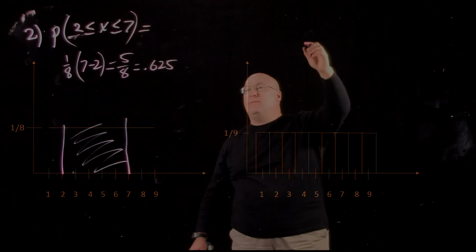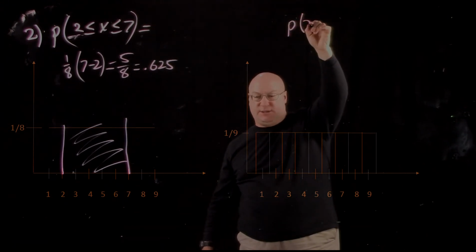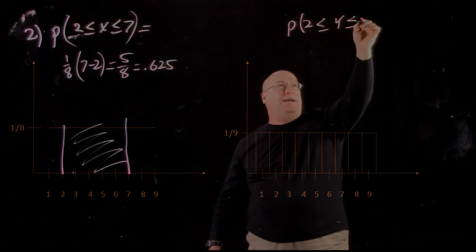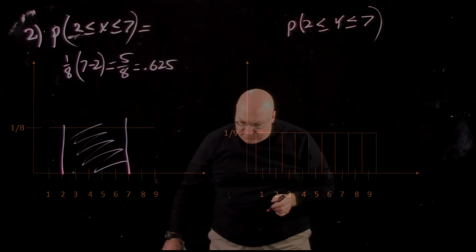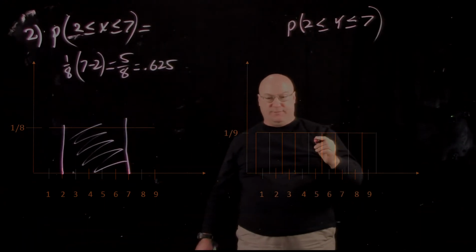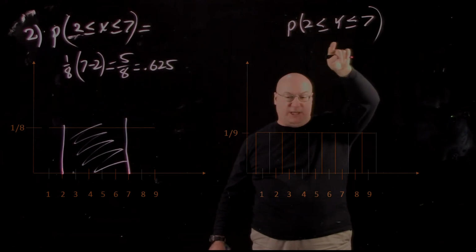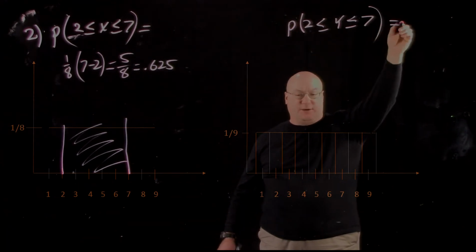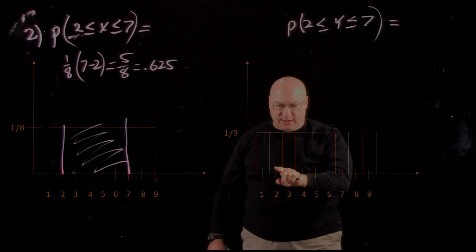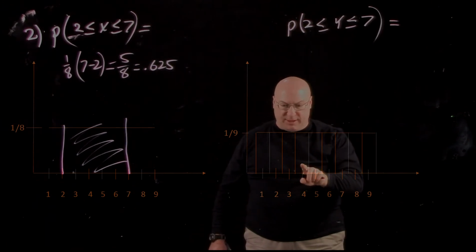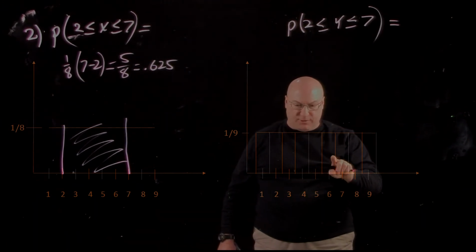Over here, what's the probability that 2 is less than or equal to y is less than or equal to 7? It's the same problem, right? Well, that means y could be 2, or it could be 7, or it could be anything in between. So I come down here, it's got to be that one, or that one, or that one, or that one, or that one, or that one.